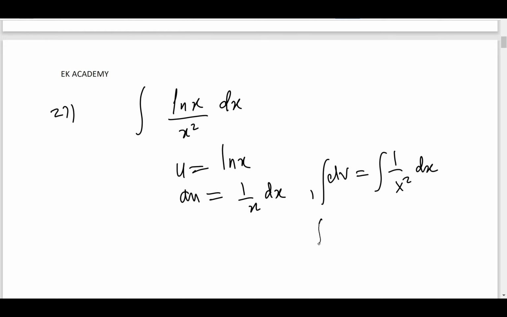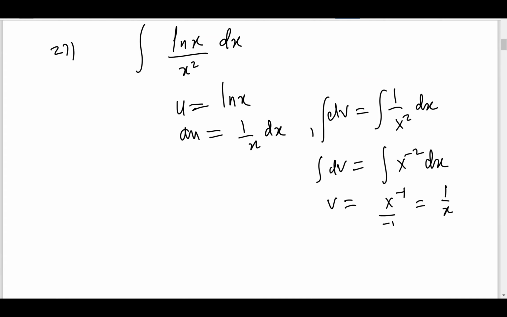So v is the integral of x to the power negative 2 dx, and the value of v will be x to the power negative 1 over negative 1, which gives negative 1 over x.